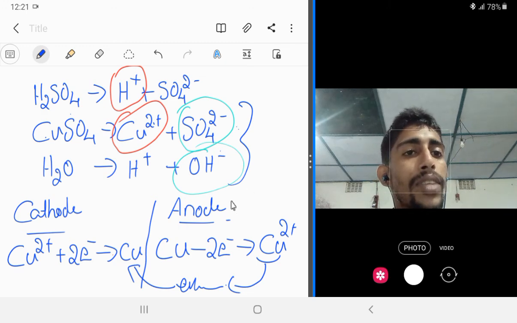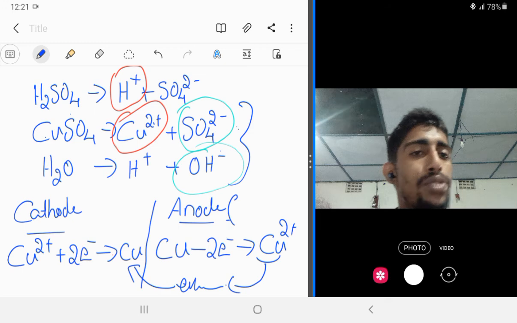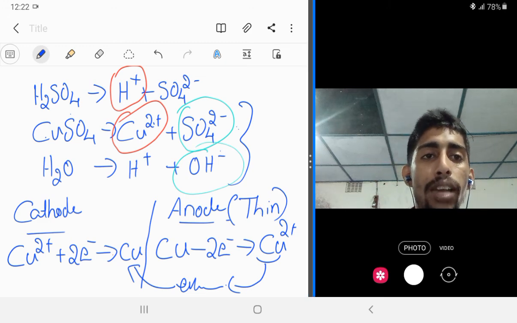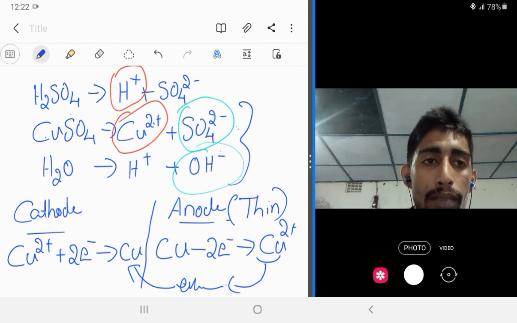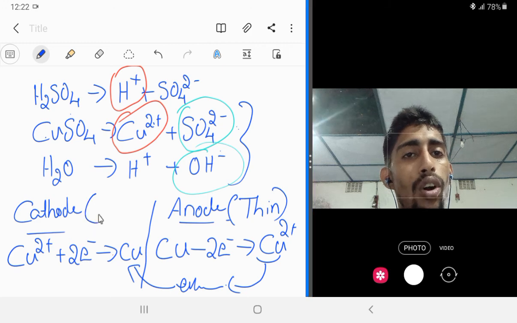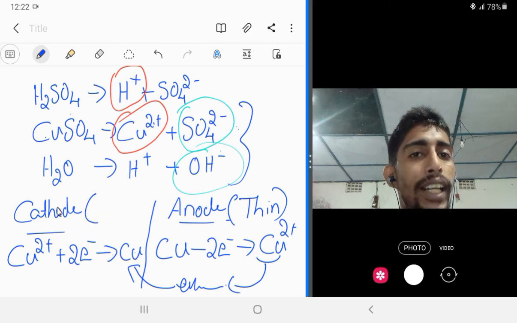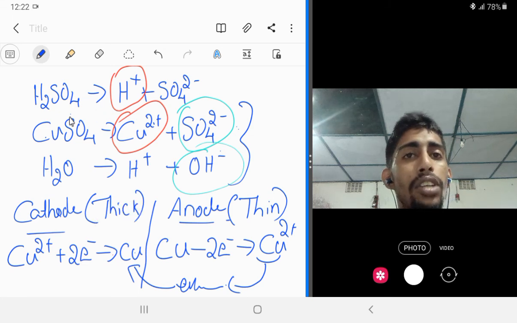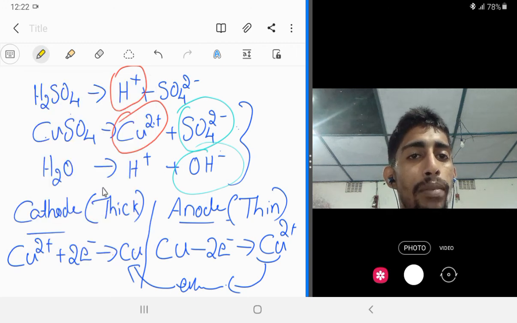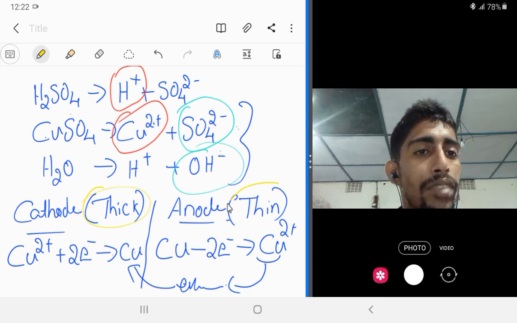As a result, with our naked eyes, we can see that the anode will become thin, because the metal is moving into the electrolyte, and due to the deposition of copper, the cathode will become thick. So if you use an active electrode, the cathode will become thick and the anode will become thin.